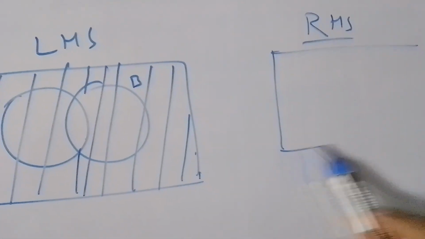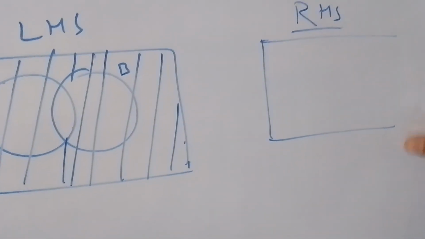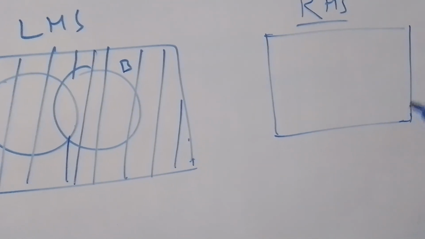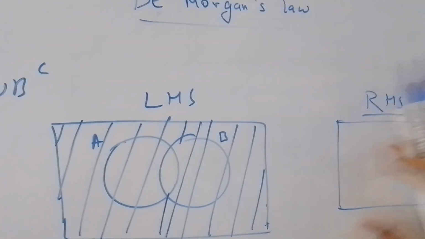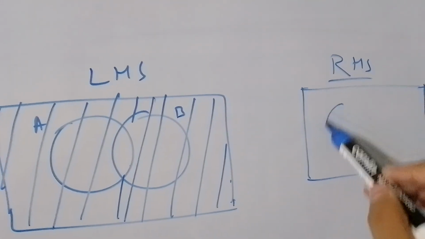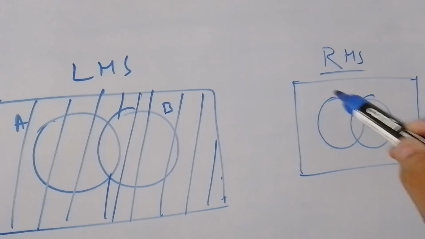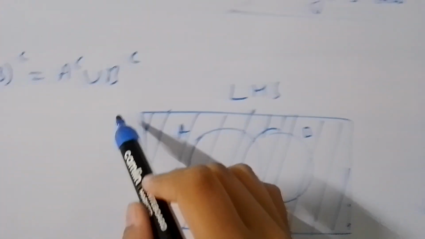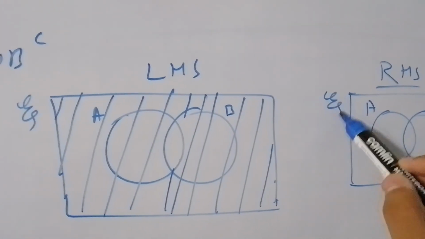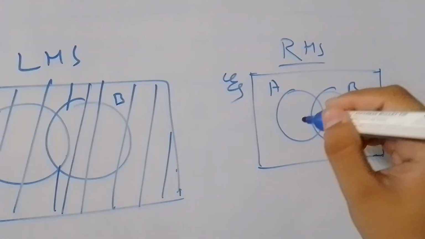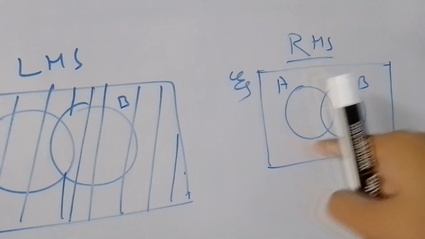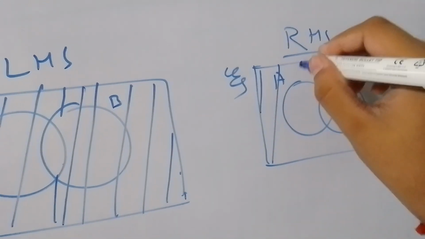What about the RHS? Now we will again understand part-wise what the RHS will be. So this will be A, this is B, and I forgot to give the universal set. Okay, now look, A complement right there. So what will be the A complement except A, the shaded region that I am giving.